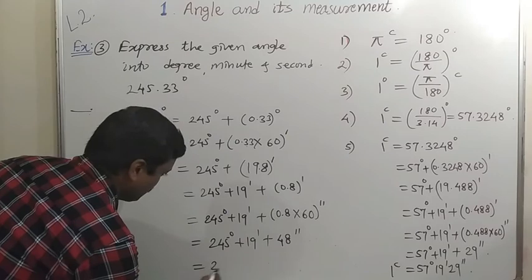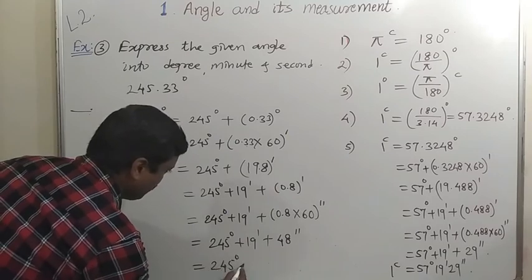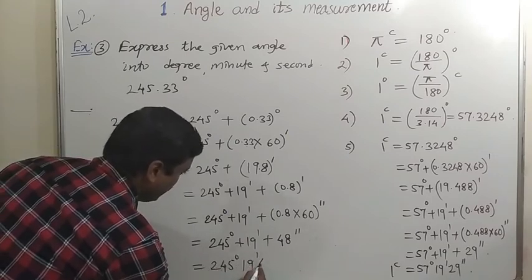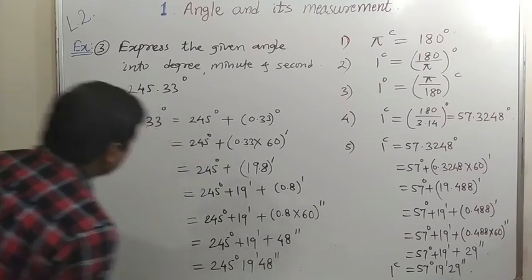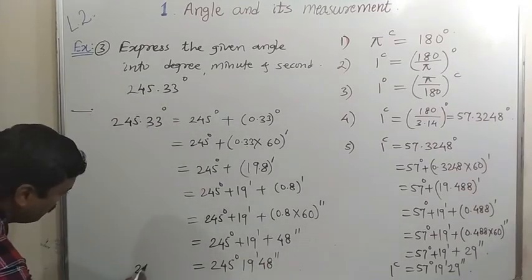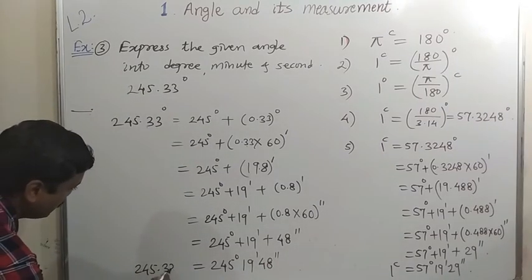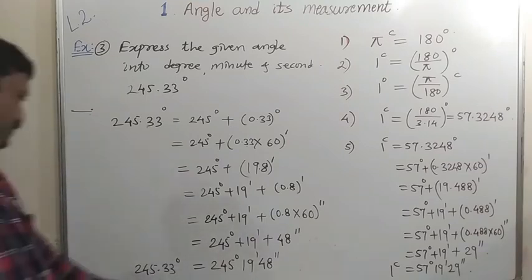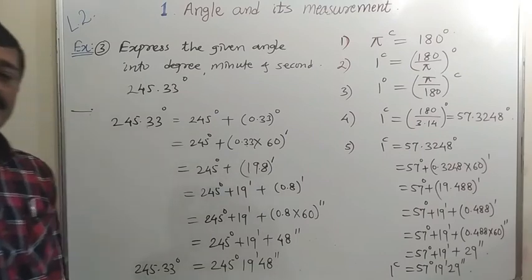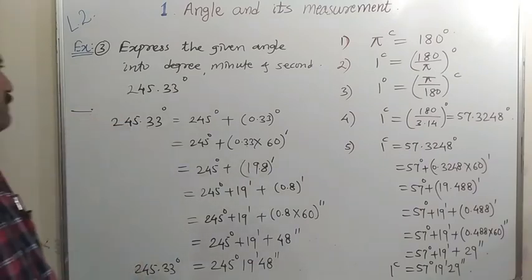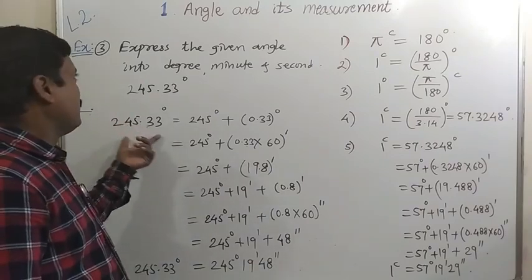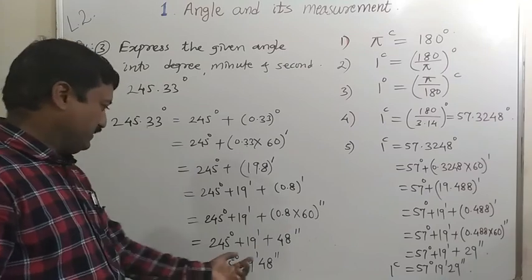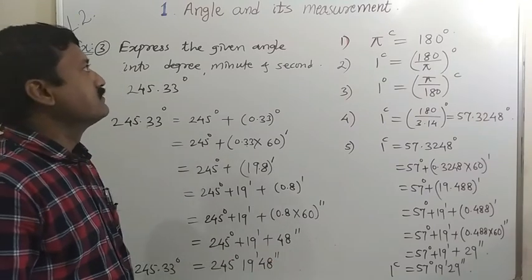So 245.33 degree is equal to 245 degree, 19 minutes and 48 seconds. So this is the way to convert this degree measure into degrees, minutes and seconds.